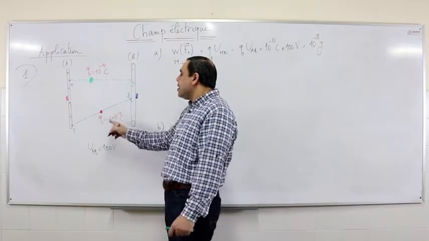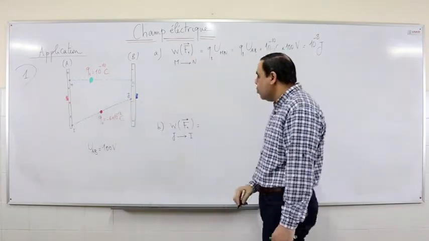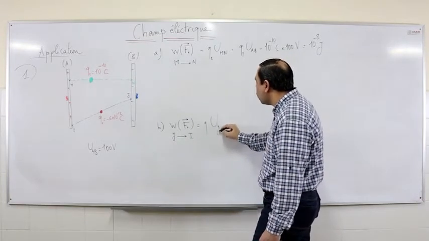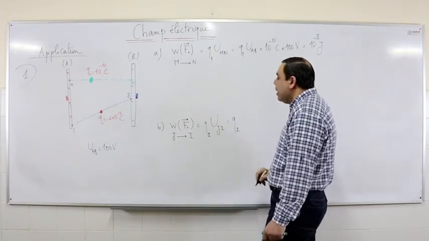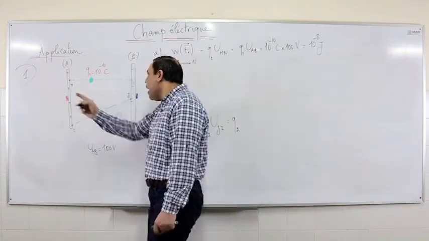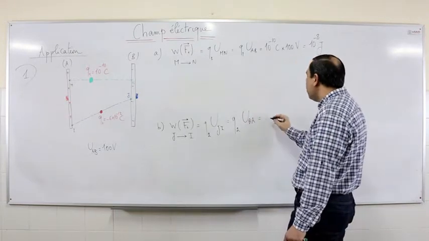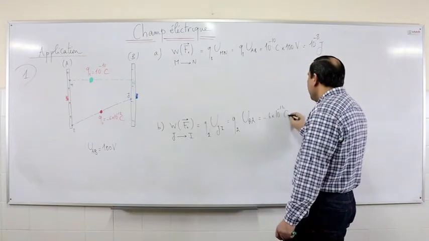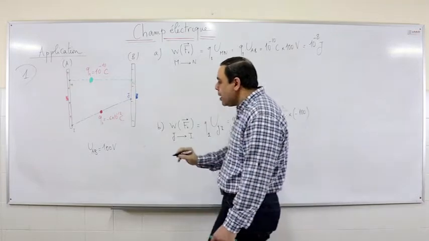The work of the force F2 acting on Q2 when it moves from J to I is equal to Q2 multiplied by the voltage UJI. UJI is the voltage UBA. So the charge is equal to minus 6 times 10 exponent minus 12 coulombs multiplied by minus 100 volts.